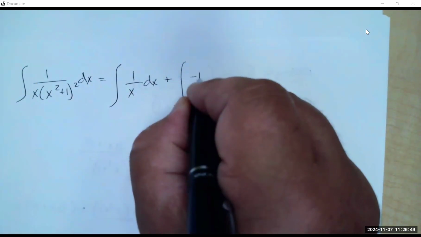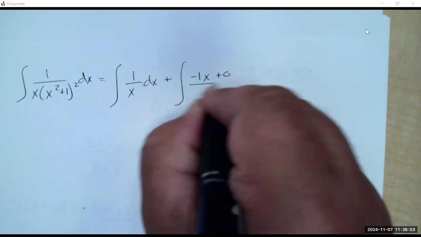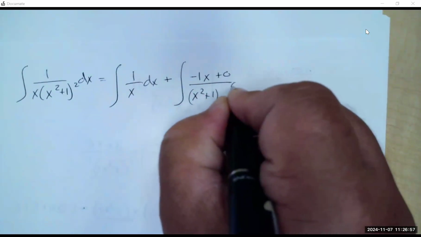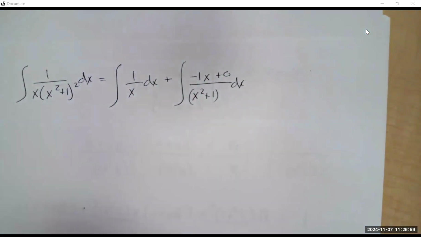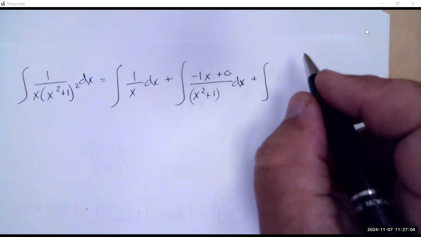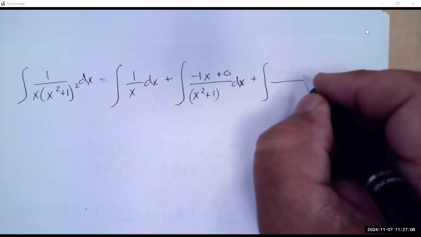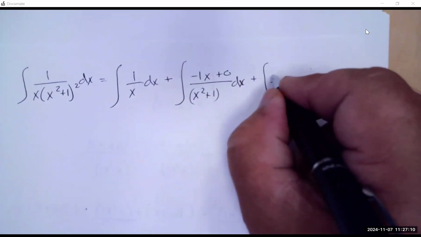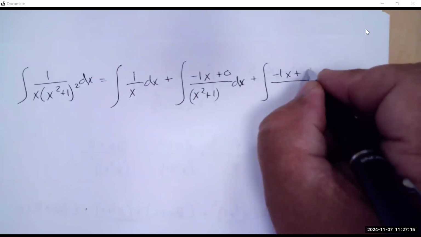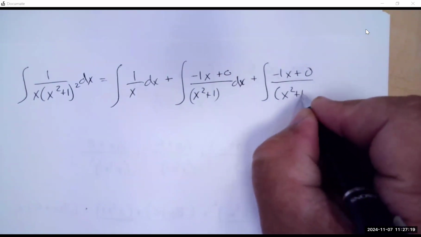B was -1 x plus 0 over x squared plus 1. And then we have D was -1 x and E was 0. All over x squared plus 1 squared.